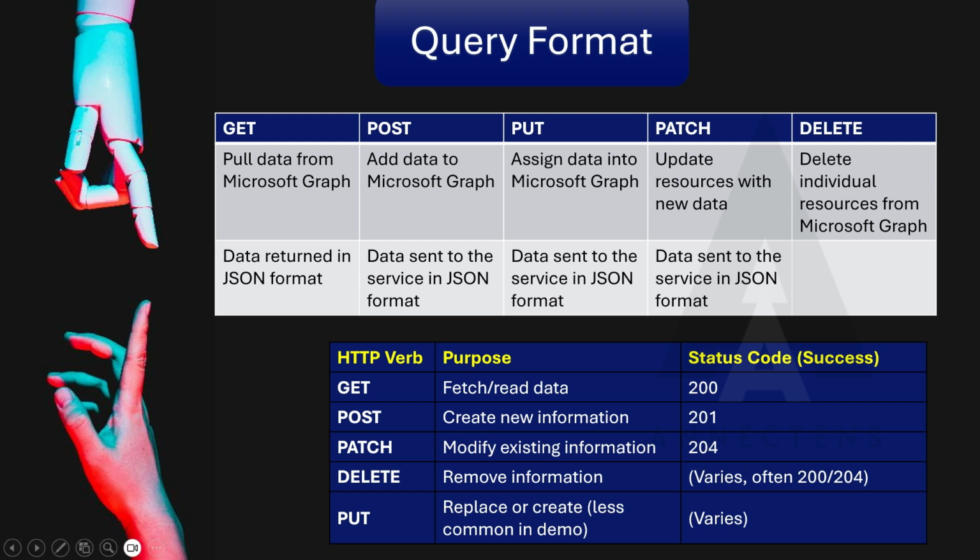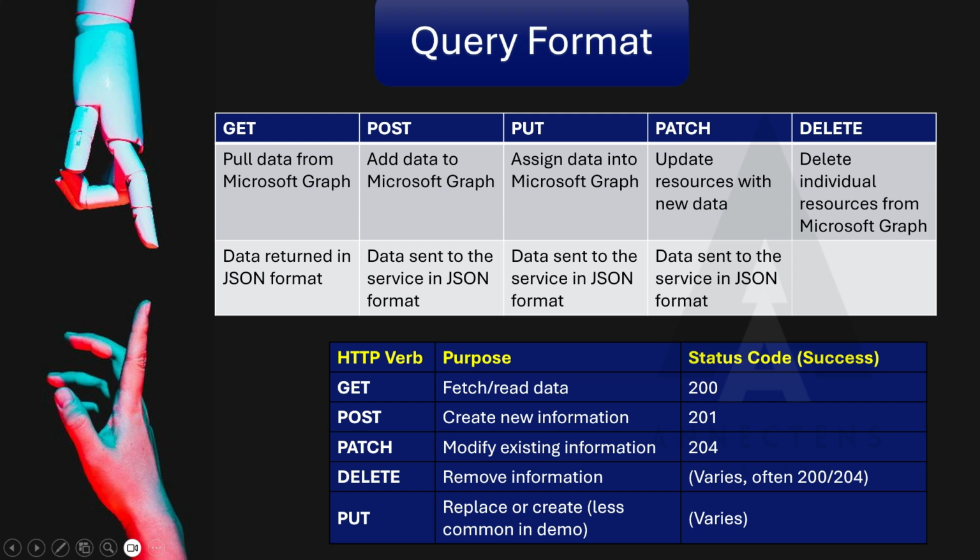So from Graph API, if I use get, it is going to return the data in JSON format. If I want to post something, to add something in my directory or data, I use post, and I give the information I want to post, and in return it gives me JSON format, right?